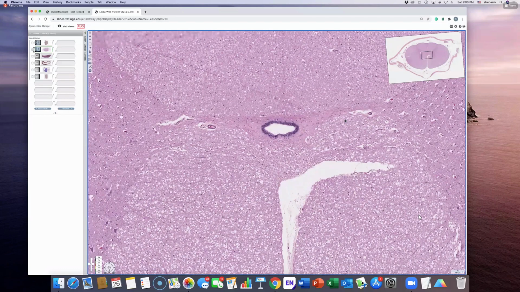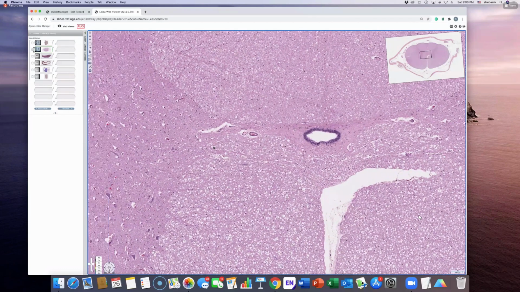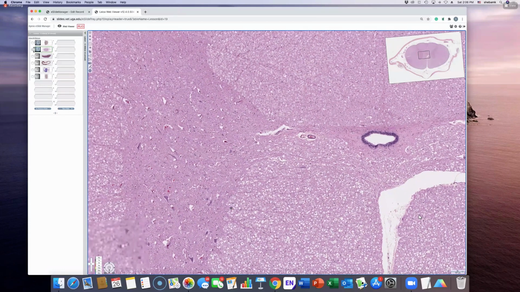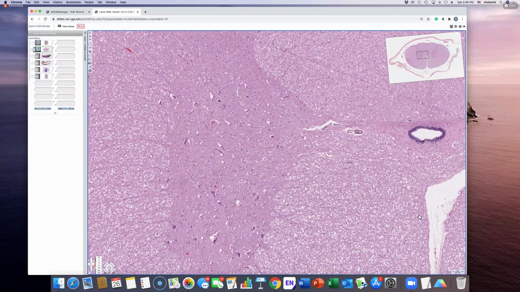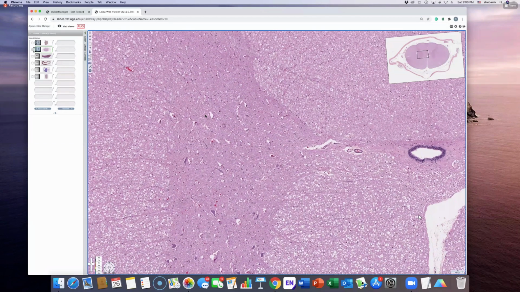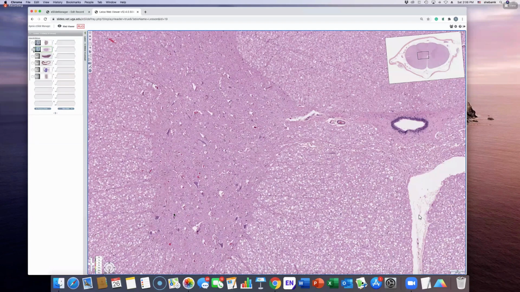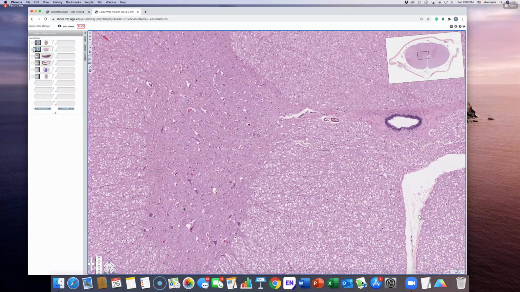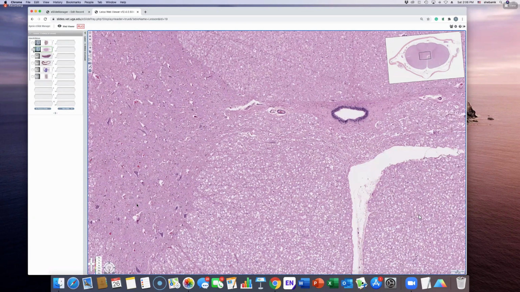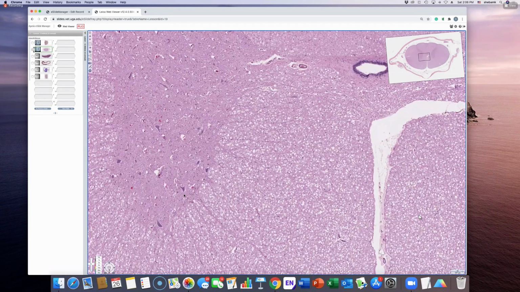So let's go to this gray matter here. Okay, so that's the dorsal horn. This would be the ventral horn. Okay, so now we are going to look at structures of individual neurons first.